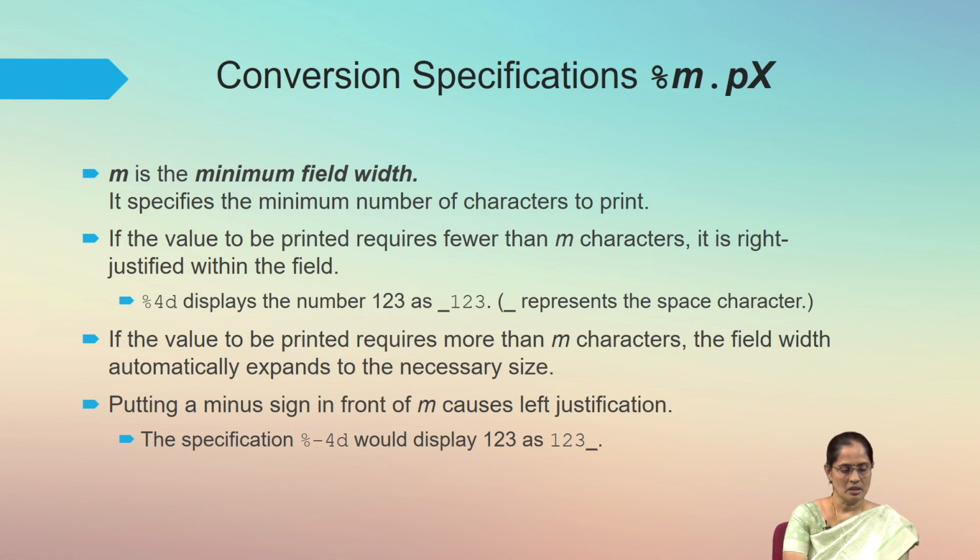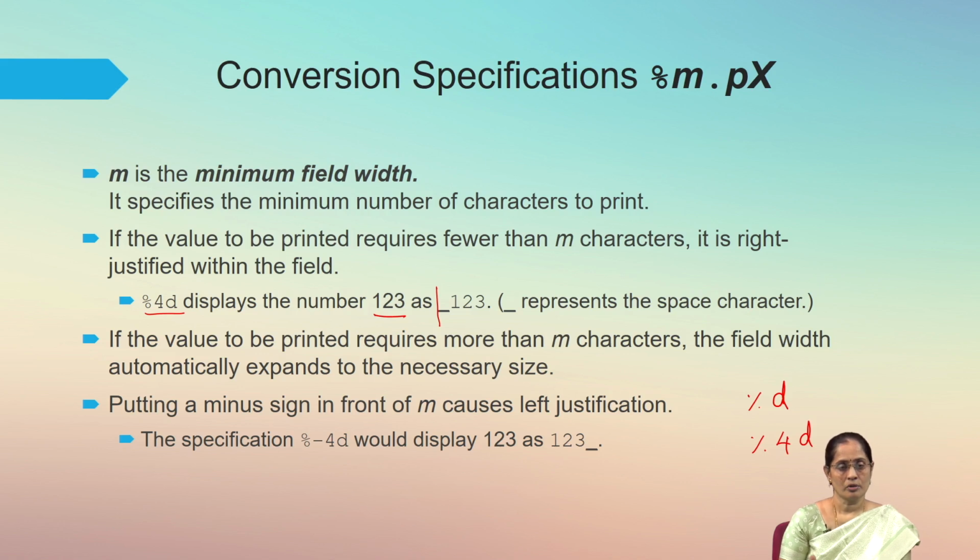Say for instance, if I use %d with an m value of 4, that is %4d, and the number to be displayed has only 3 digits, the extra space will be left at the left side. It means that the number will be displayed with right justification.